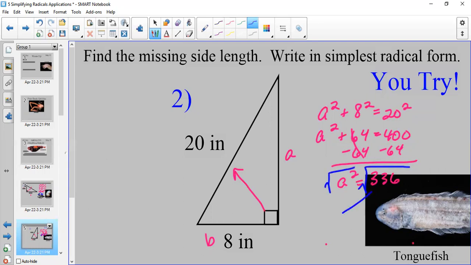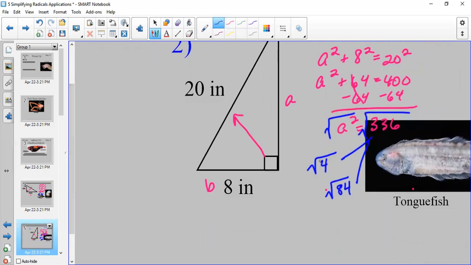And now we're going to break up 336 into a perfect square. I'm sure there's a lot of them that go into here. I could always start with an easy one. I know that I can divide it by 4. That would give us 84. I know that wasn't the biggest one. Square root of 4 is 2.